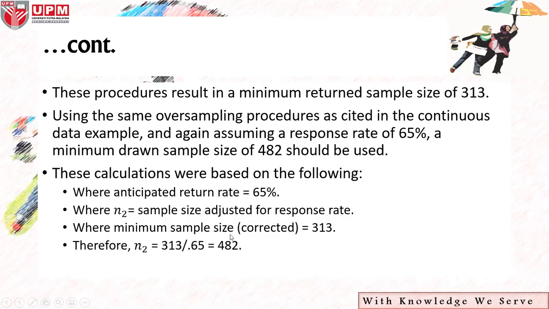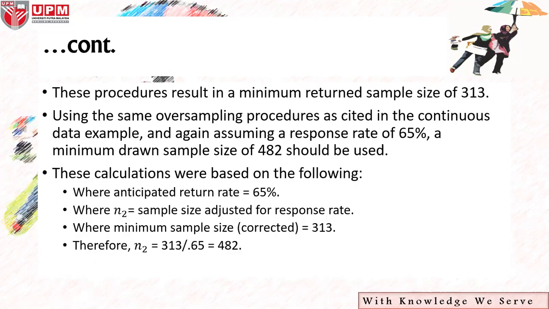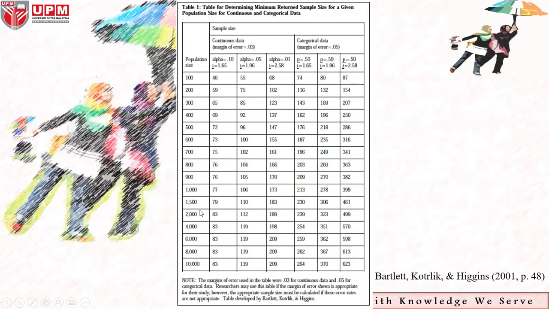Okay, and then we apply similar procedure. 313 yang minimum yang kita perlu ada. But how much we should increase so that at the end of the day we have at least 330 in hand? So kita apply method yang sama. Okay, clear? Beza sikit je.